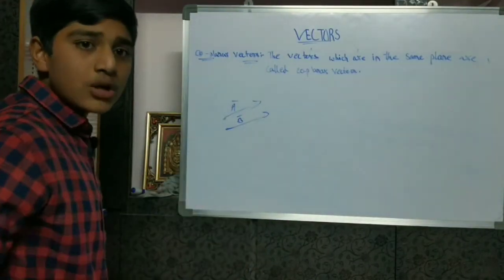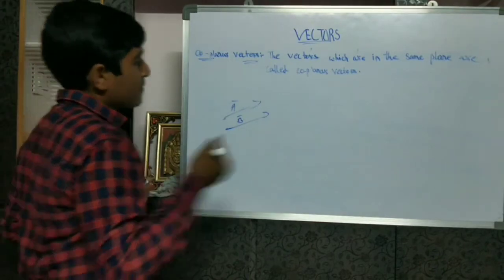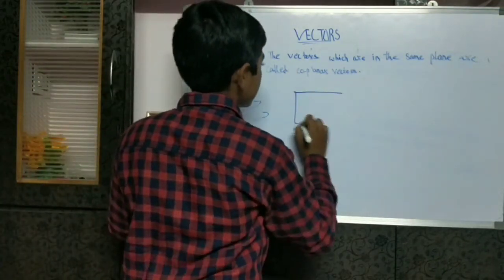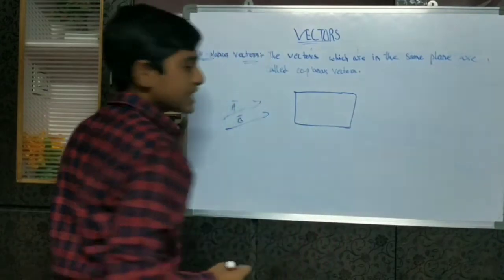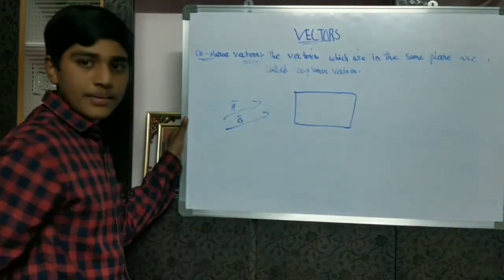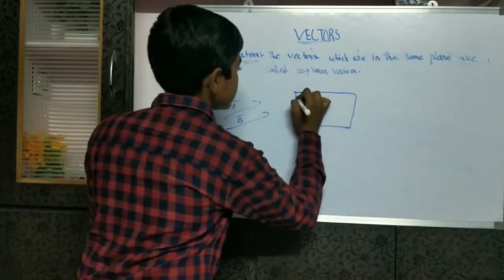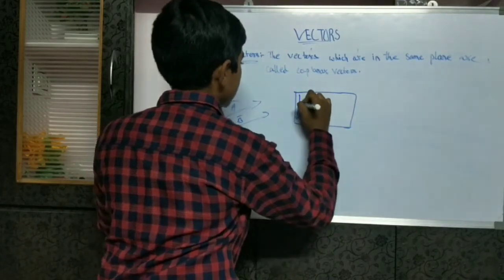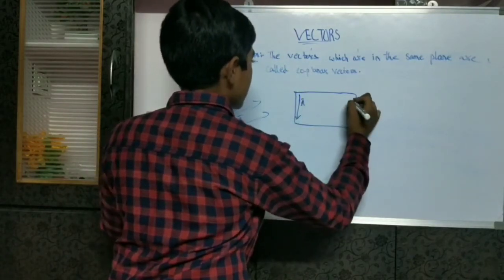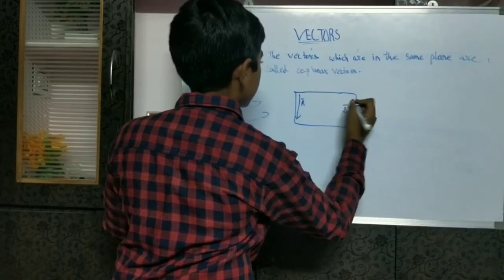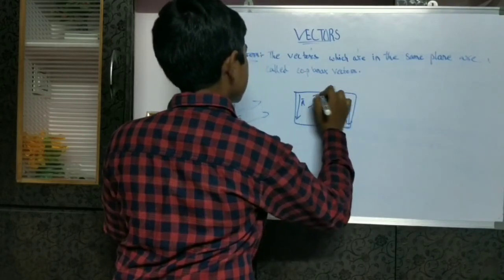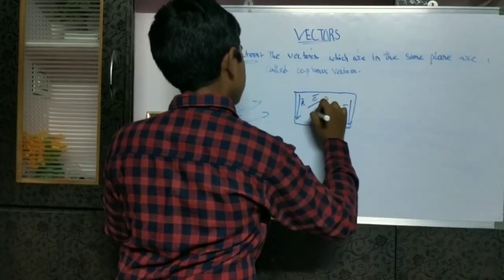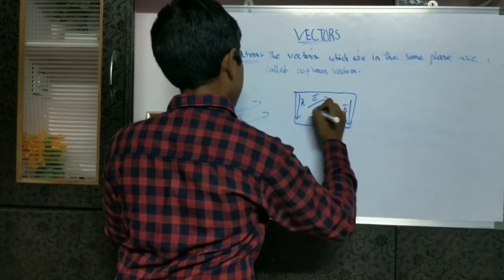That means they lie on the same plane. For example, let us assume this is a plane, and this is vector a bar, this is vector b bar, this is vector c bar, and this is vector d bar.